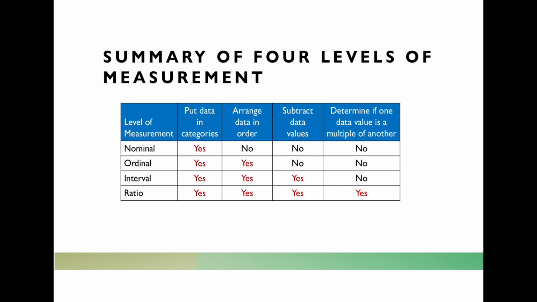Those subtractions would not necessarily have any meaning, right? If, for example, we subtract 2 jersey numbers, what does that tell us? It doesn't give us anything meaningful. There are times where you might actually be able to subtract 2 data values, but that subtraction has to have meaning, and that's the same with this data multiplier idea.